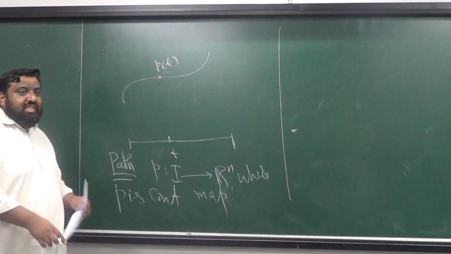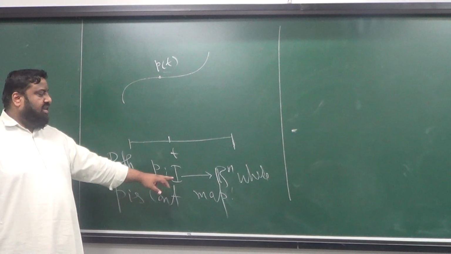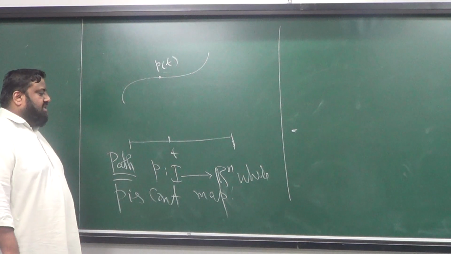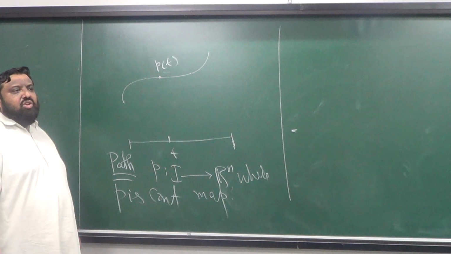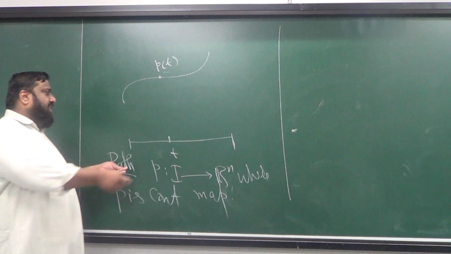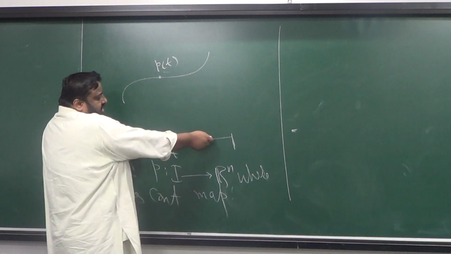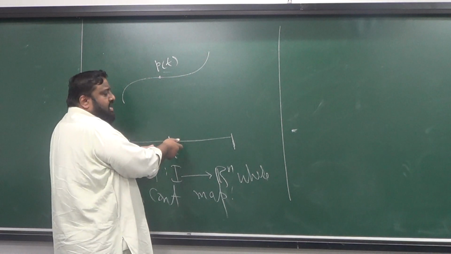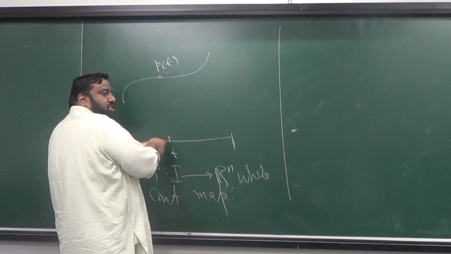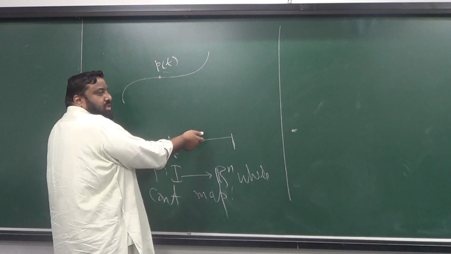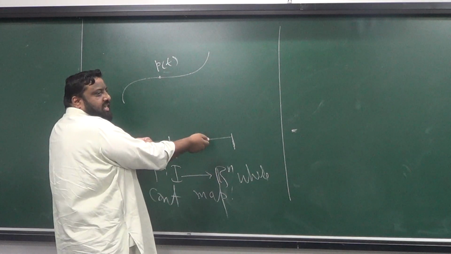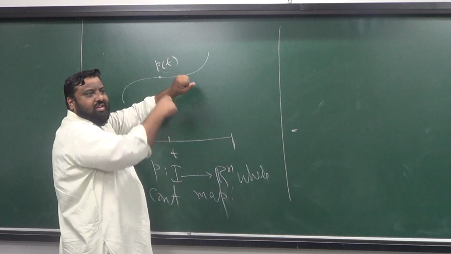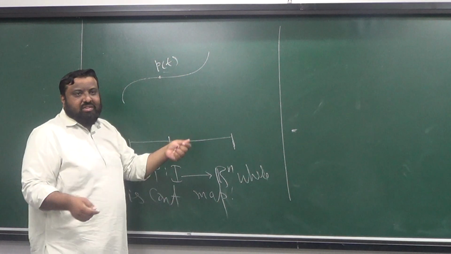So a continuous map from the interval I into the space Rn is what you call a path. Roughly, imagine this line is something flexible. So imagine this line is made up of rubber. So what you are doing is taking this out and applying some transformation over it, and it becomes a curve in space.